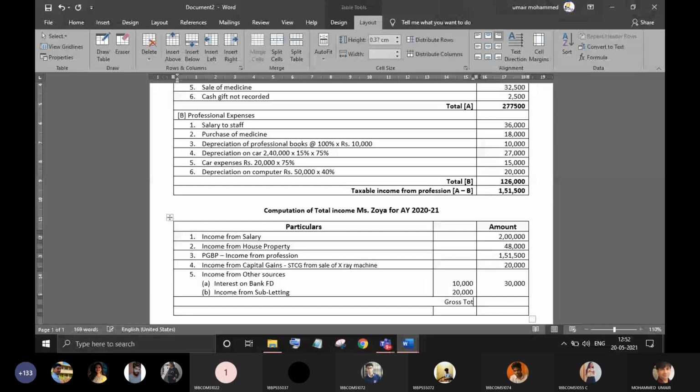So two lakhs plus 48,000 plus 500 gains.